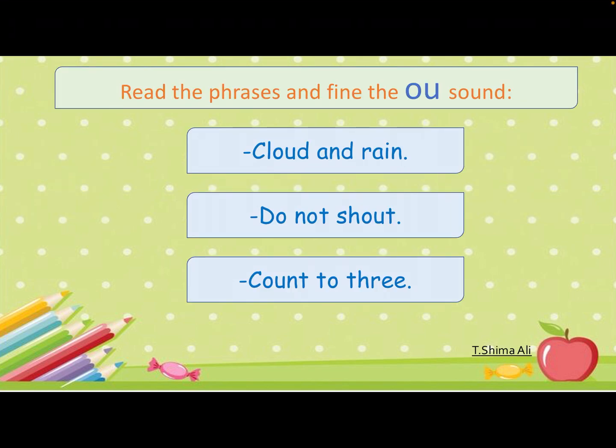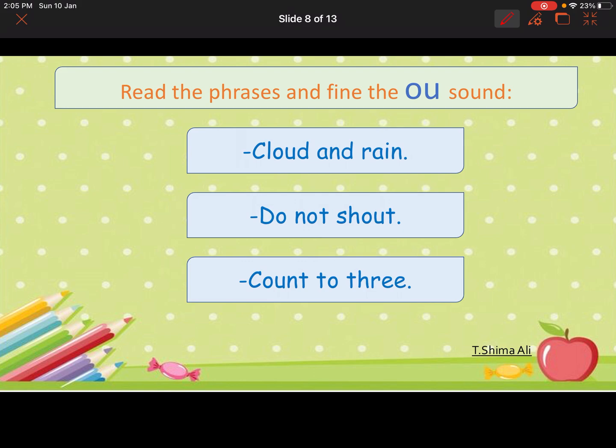Okay, then here we have 3 sentences. We are going first to read them, then try to find in each sentence a word that has the sound ow. Okay, number 1 we have cloud and rain. Cloud and rain. So which of these words has the sound ow?